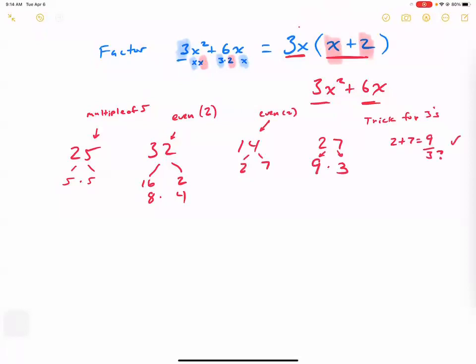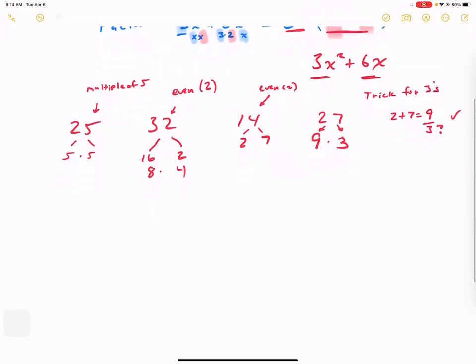So our goal is to figure out what numbers we can break up so we can factor. So this is actually going to be our hint when it comes to harder problems. And I'm going to ask you guys to factor this problem here. For instance, x squared plus 6x plus 8.